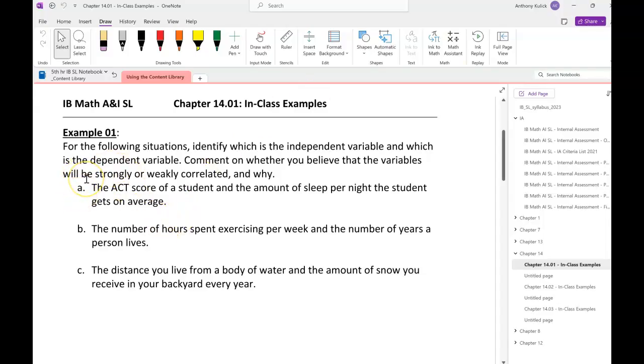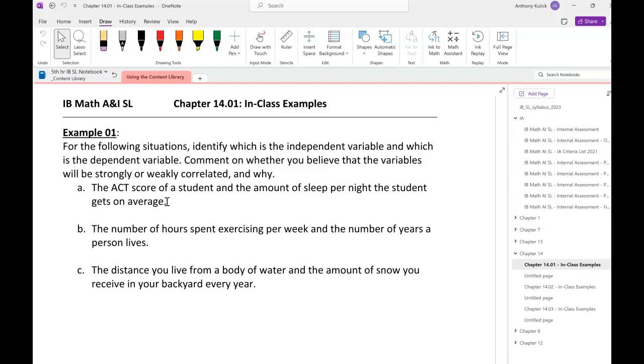All right. For the following situations, identify which is the independent and which is the dependent variable. Comment on whether you believe the variables would be strongly or weakly correlated and why. The ACT score of a student and the amount of sleep per night the student gets on average. So the amount of sleep per night would be dependent.